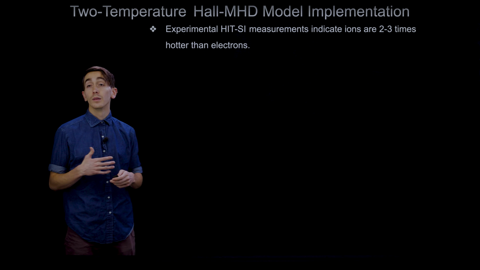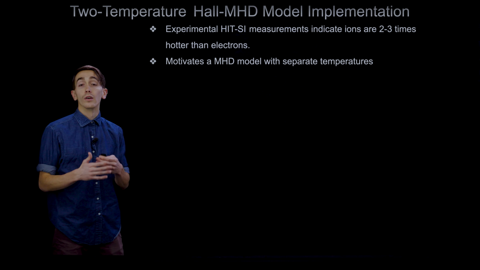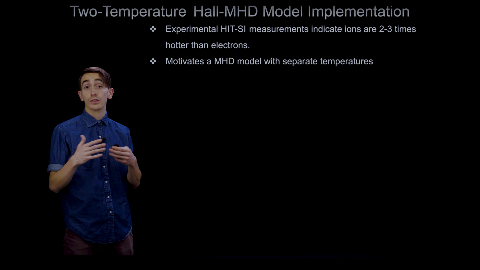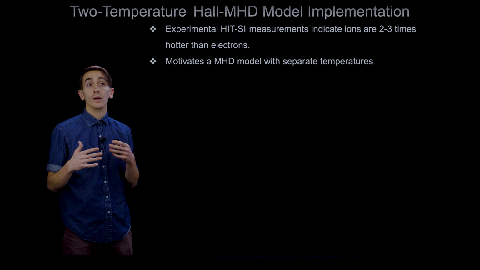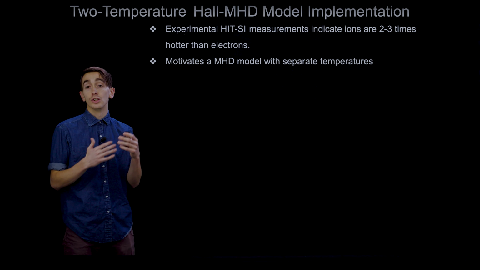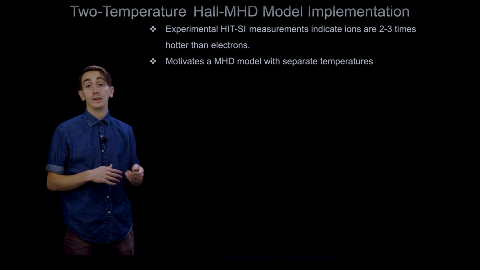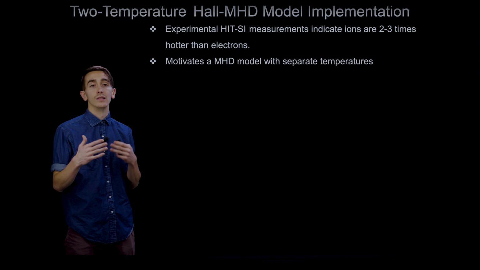This motivates an MHD model where the electron and ion temperature evolutions are separate, so that we can better validate with the experiment and see that the ions in the simulation are hotter than the electrons in the simulation.